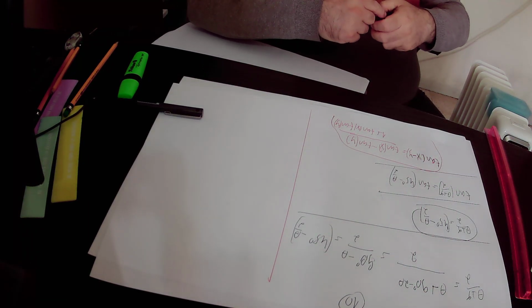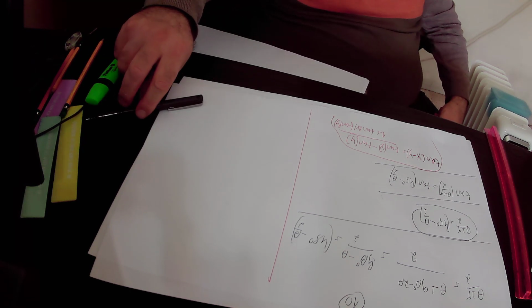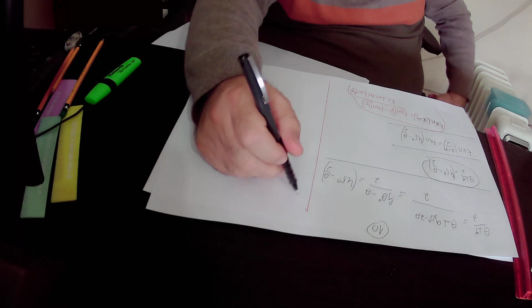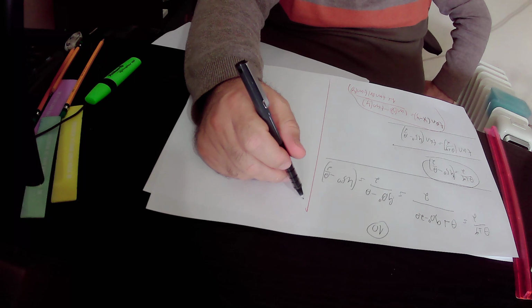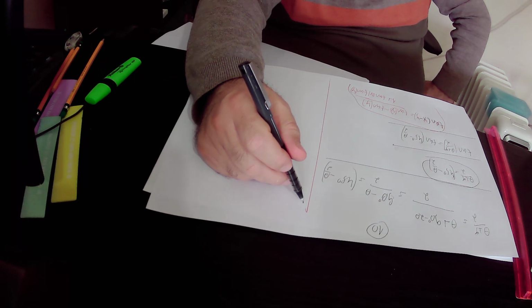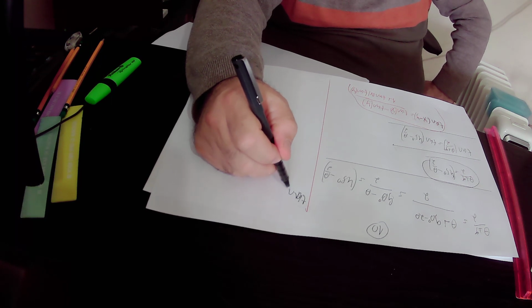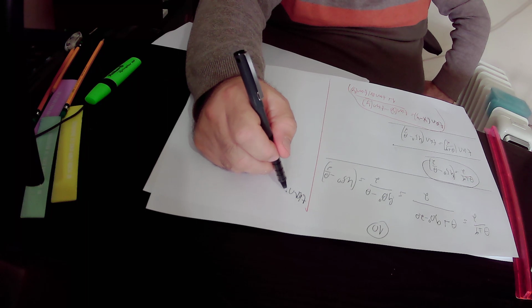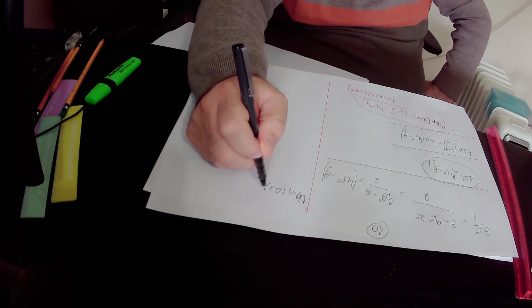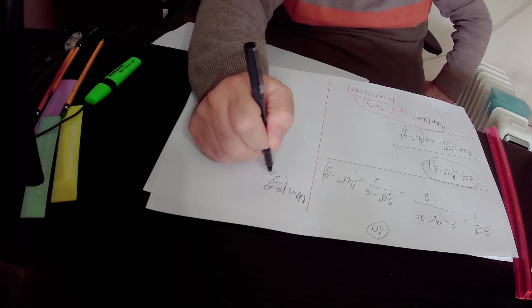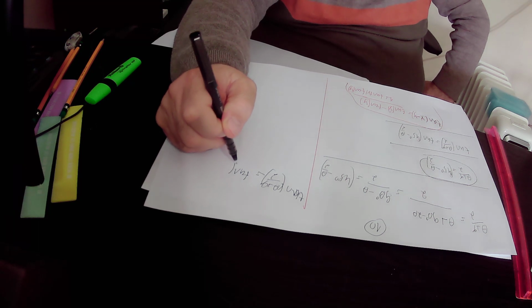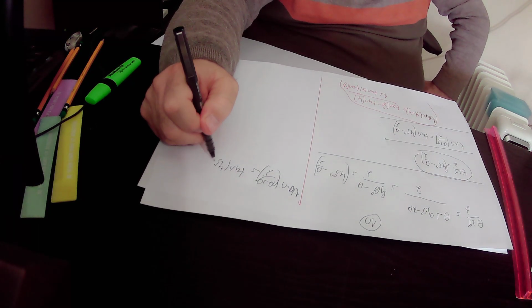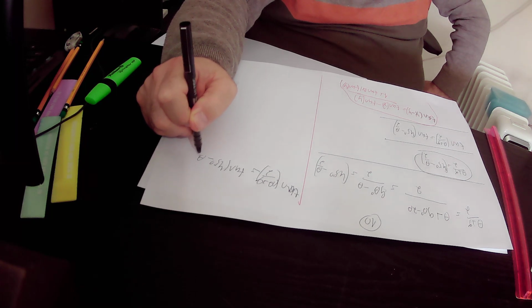And we get that according to this trigonometric identity, the value of tangent of 45 degrees. So I'll write again the whole equation: tangent of theta plus alpha over 2 equals tangent of 45 degrees minus theta over 2.